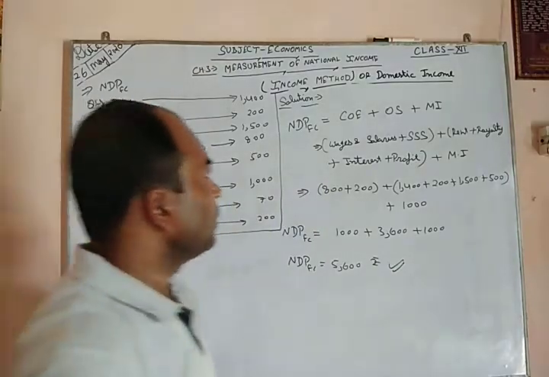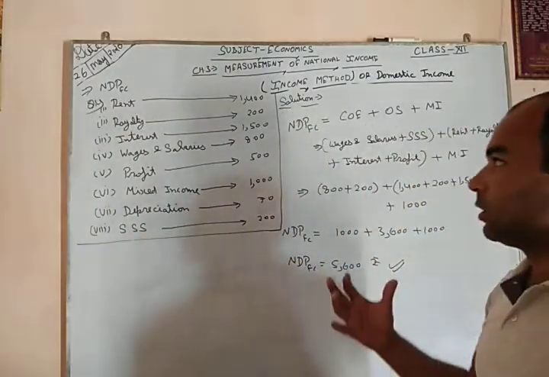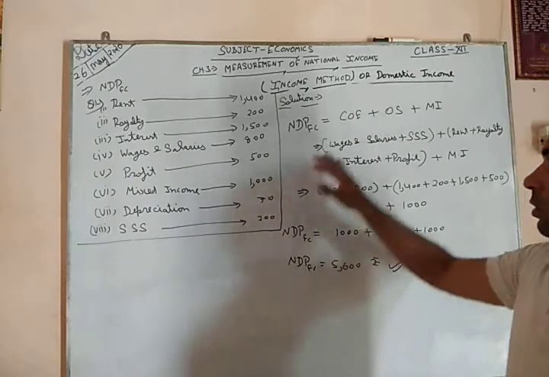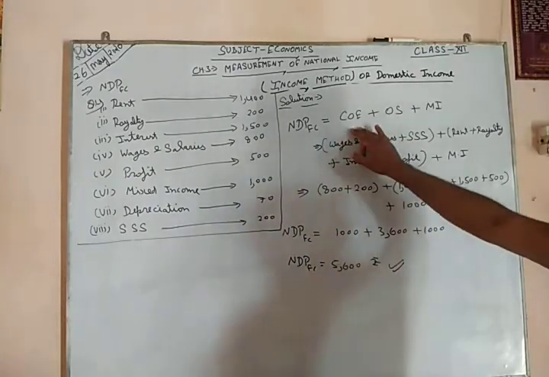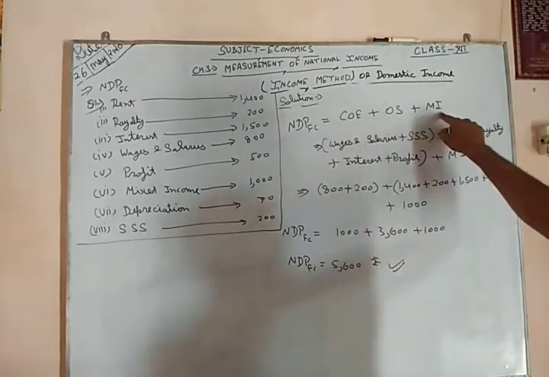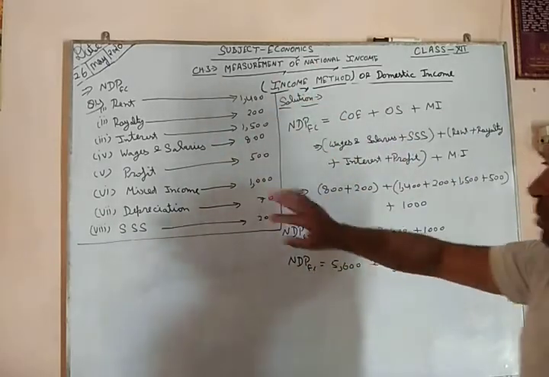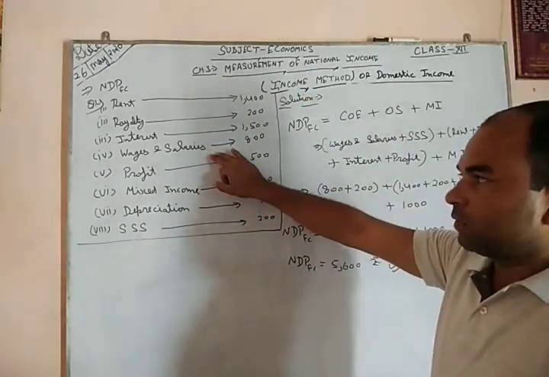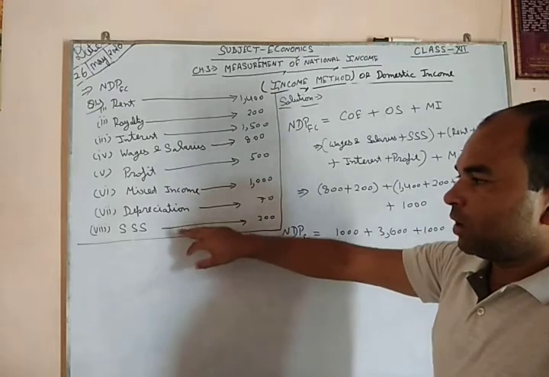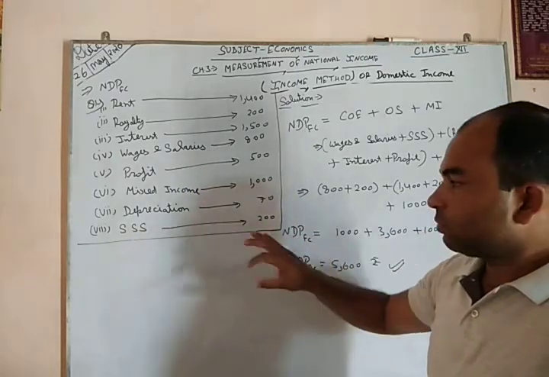So I hope it is clear to students. In income method we have this formula: NDPFC is equal to COE plus OS plus mixed income. We have to see where is COE. Maybe wages and salary only. If only wages and salary, we can assume that SSS is 0.